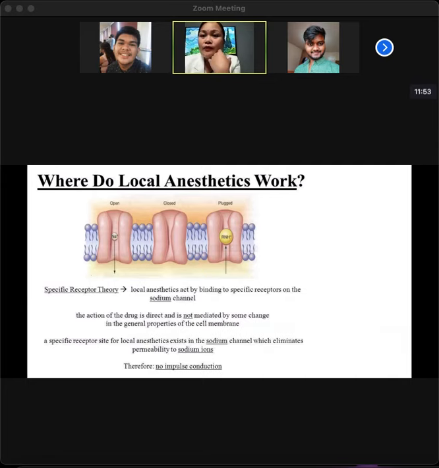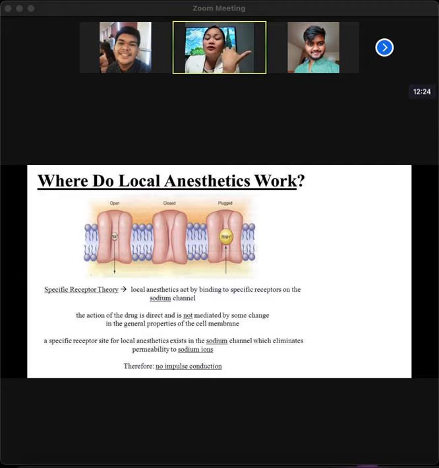So now, where do local anesthetics work? Specific receptor theory said that local anesthetics act by binding to specific receptors on the sodium channel. The action of the drug is direct and is not mediated by some change in the general properties of the cell. A specific receptor site for local anesthetics exists in the sodium channel, which eliminates permeability to sodium channels.